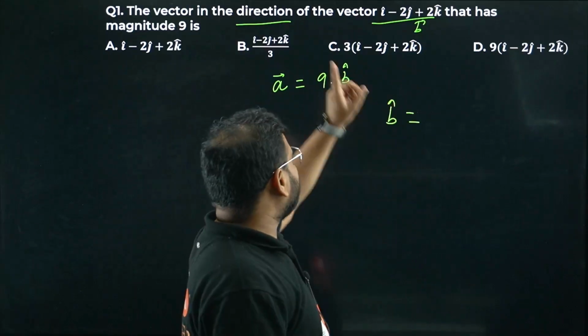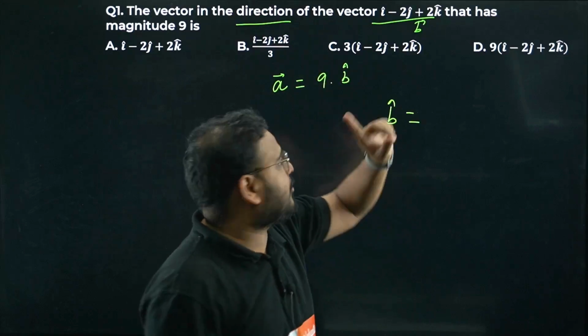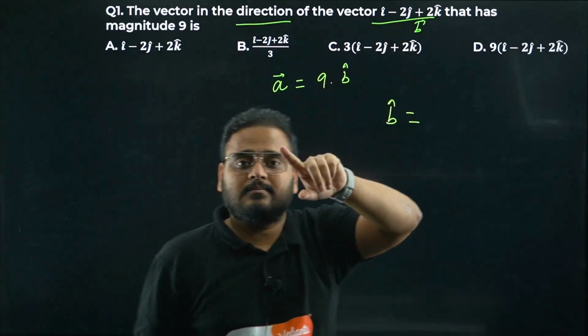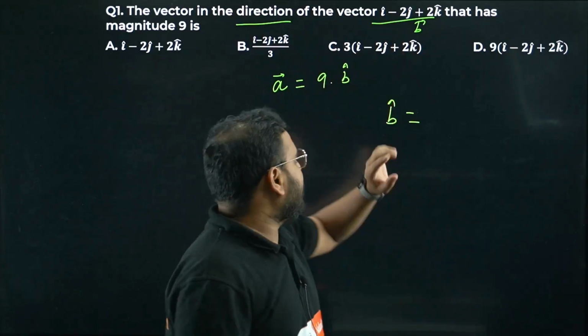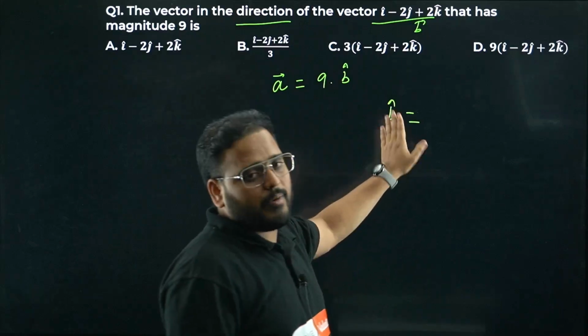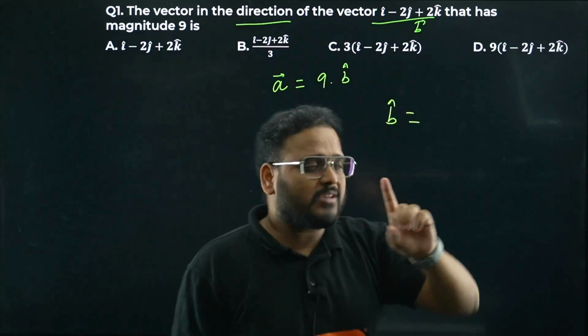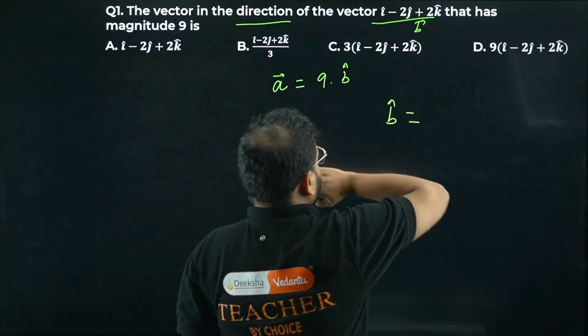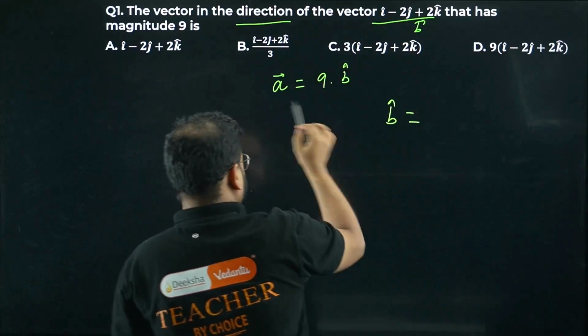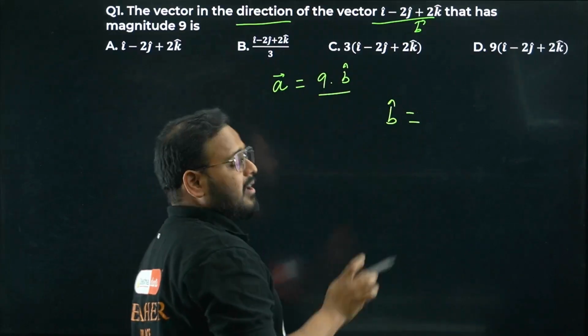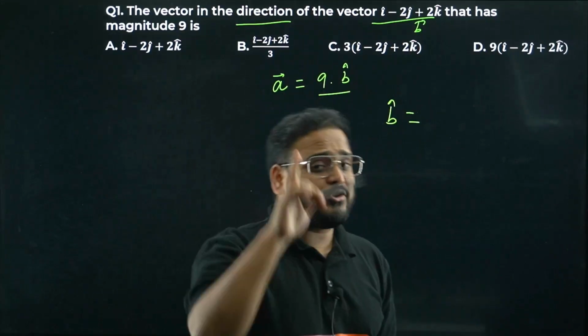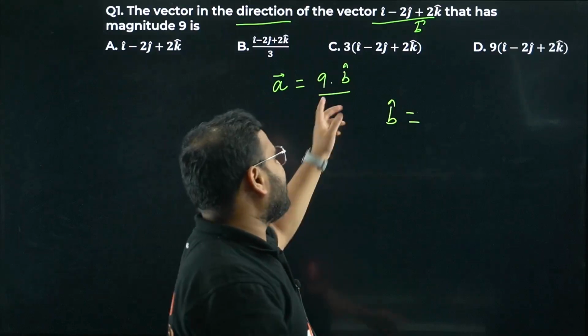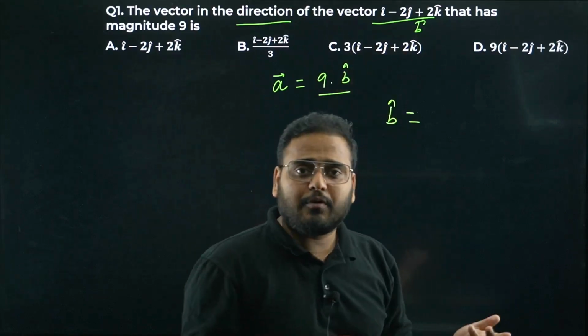If I multiply that with 9, I get the vector across this vector with a magnitude 9. That's what we're looking for, right?